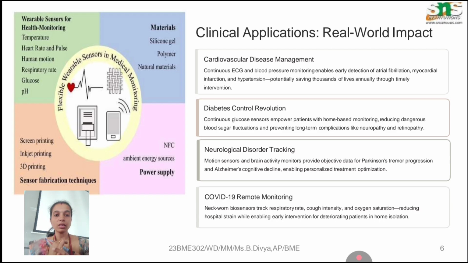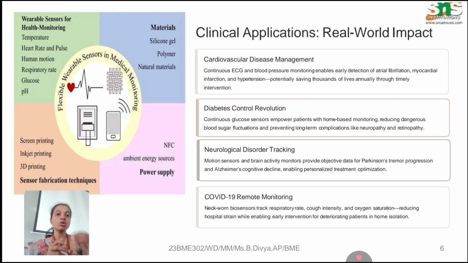These two can be prevented in the long term by using this glucose-based diabetic control revolution.